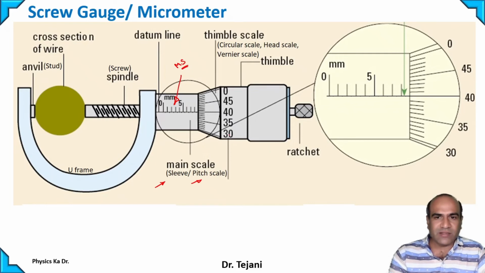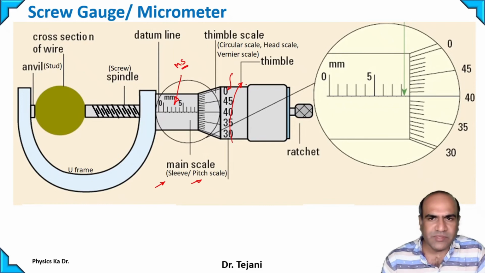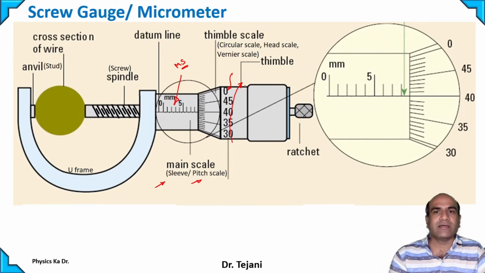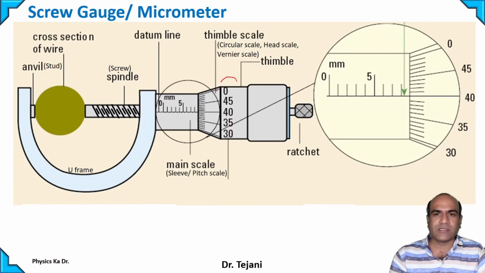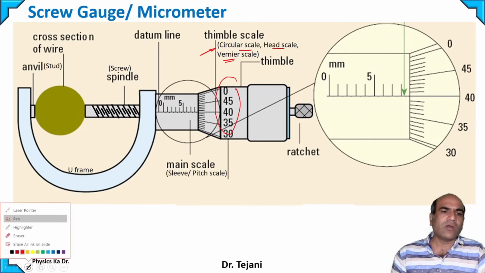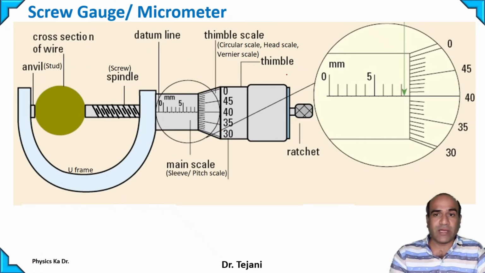Then you can see a cylindrical portion with numbers like 0, 45. That is the thimble scale. The more popular name is circular scale. It is also known as head scale or vernier scale. But circular scale is more popular, and you should remember all of these names. The question can have a different name.